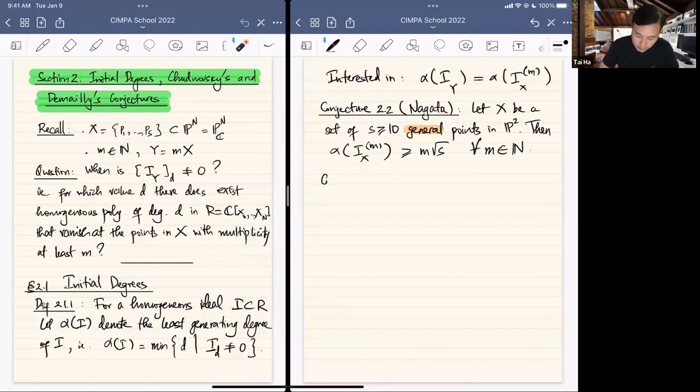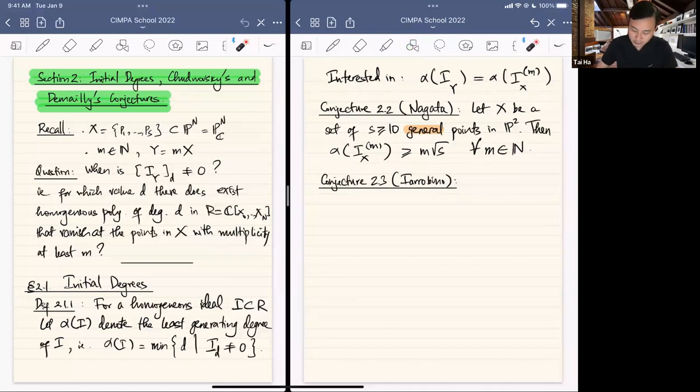There's a conjecture that generalizes Nagata's conjecture, by Iarrobino.